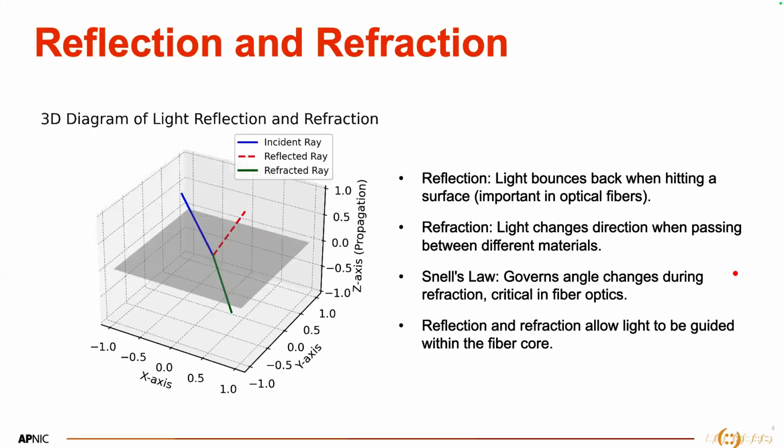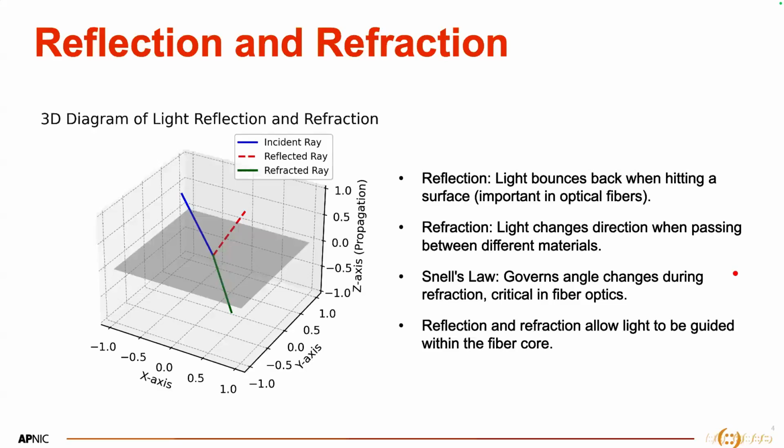Refraction is the phenomenon which shows that when light enters from one medium to another, maybe water to air or air to water, it changes direction a little bit in angle, right?